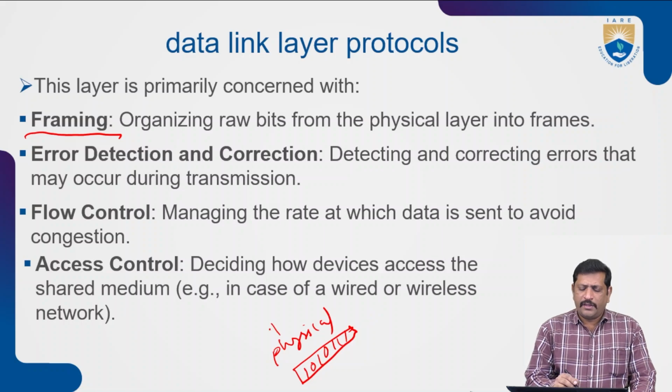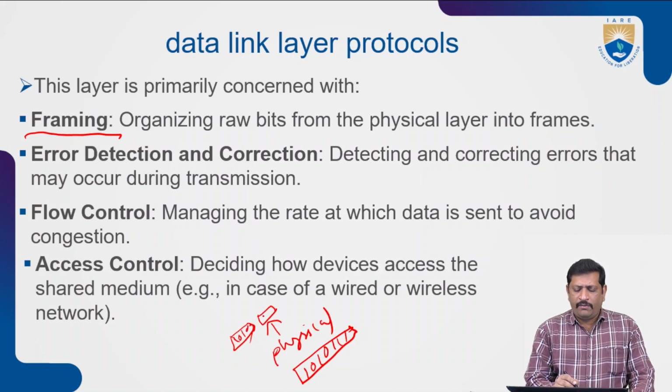The data link layer sits above the physical layer, and the data it transfers is arranged as frames: 1 0 1 0 is one frame and 1 1 1 1 1 is another frame.